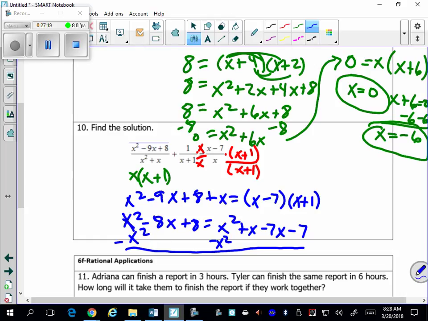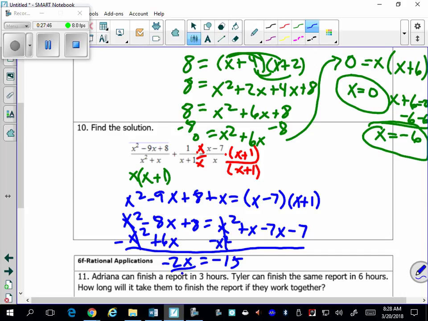So we have negative 6x here, so we're adding 6x to the left side, so that's negative 2x, negative 8x plus 6x. Subtract 8 over to the right, so that equals negative 15, and divide by negative 2. And x is going to equal 15 over 2, which is 7.5.